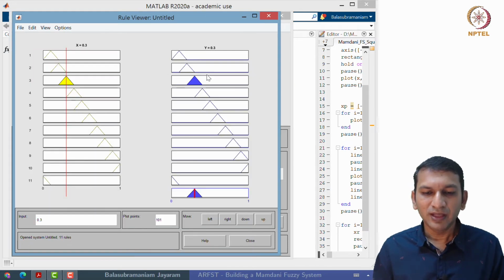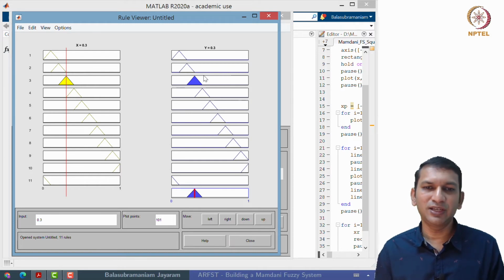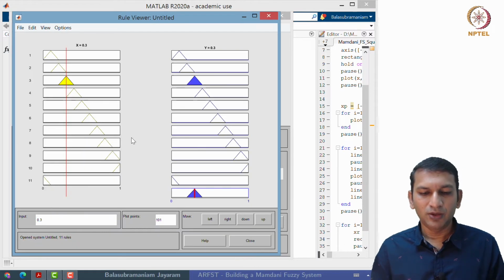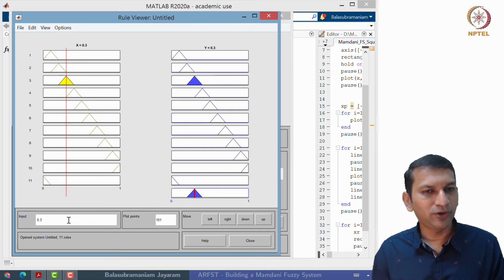So we are taking this 1 and we are thresholding the consequent membership function here, which, if you call them B1, B2, B3, we are thresholding this B3. However, since it is 1, essentially everything comes through. And what are we using here? We are using the centroid defuzzification mechanism.